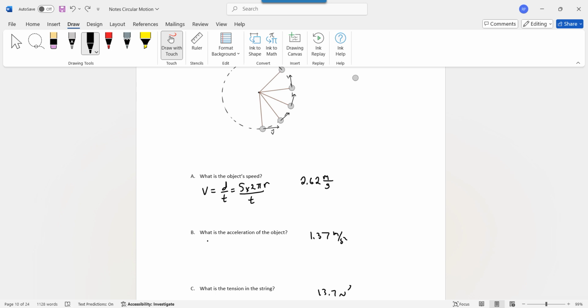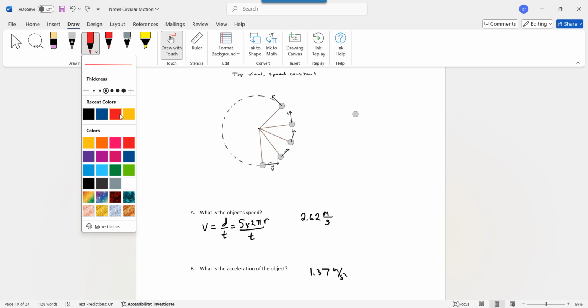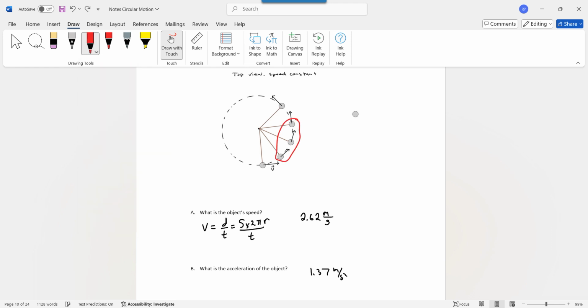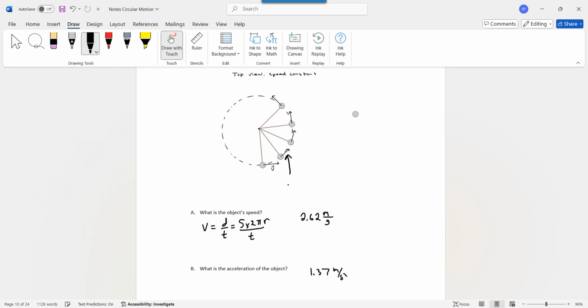Okay, part B: what is the acceleration of the object? Again, I want to go back and chat about this more. Centripetal acceleration is, I think, a reasonably difficult thing to understand. So we're going to look at these time frames right here. Let me call this velocity your v initial, and this one your v final.